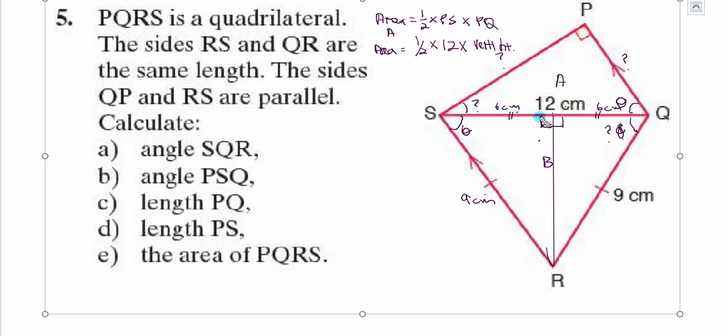I have a 90 degree, I have 6 cm here and a 9 cm. So I have three pieces of information given for this triangle. Therefore, whatever angle or length we want to find, we will be able to find it with those three given pieces of information. Okay. Now, we're going to draw this triangle. So we have it here.